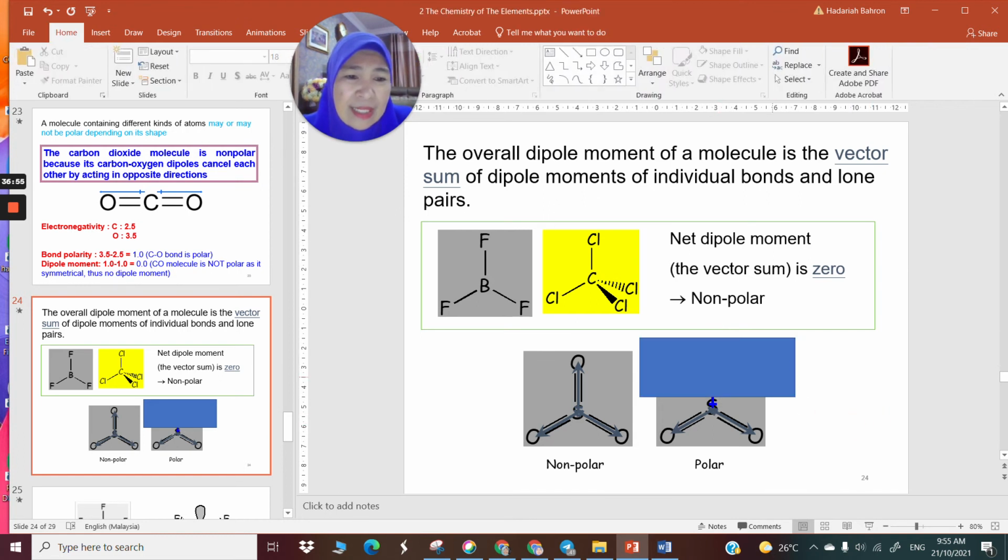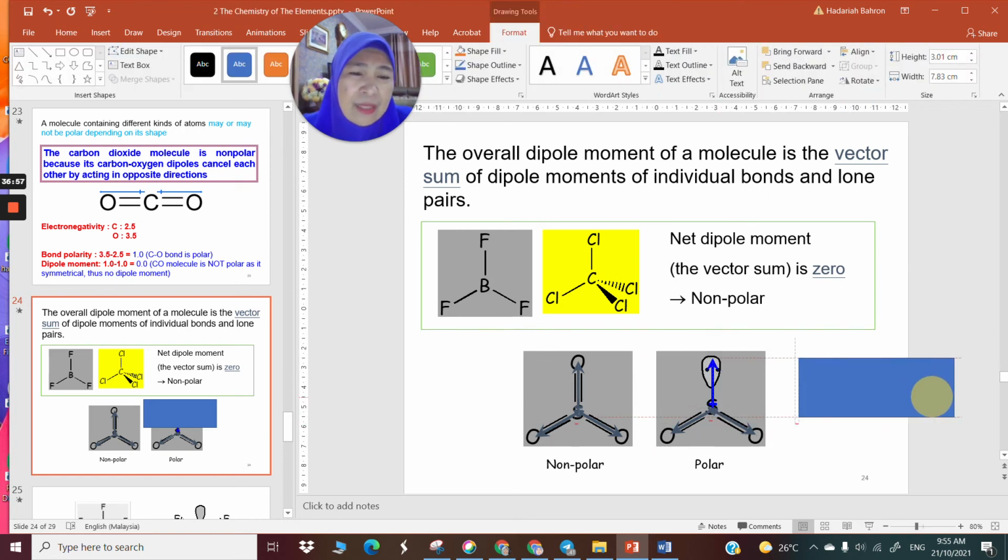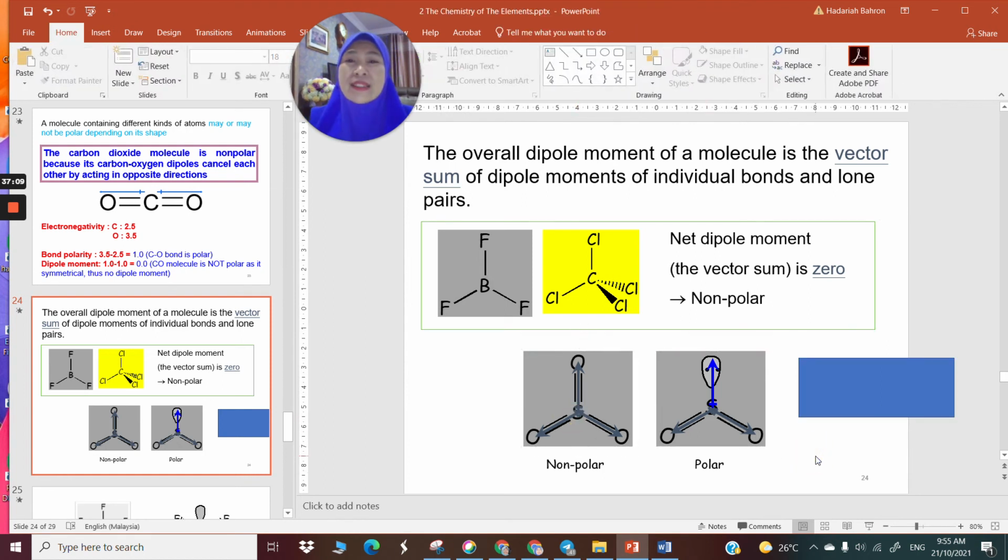So you do not get a net dipole moment of 0. You get some value of dipole moment. So this molecule, SO2, is a polar molecule compared to SO3. It is the shape of the molecule that will determine whether you get a dipole moment or not. I hope you understand that.